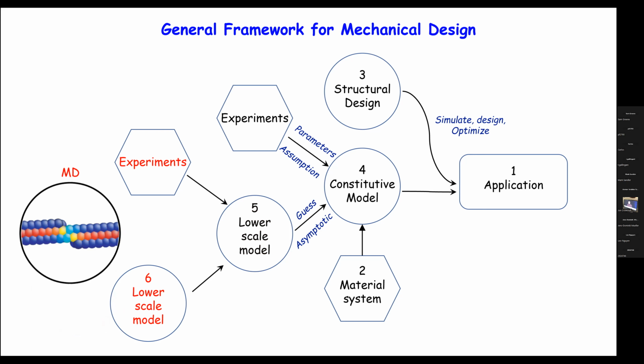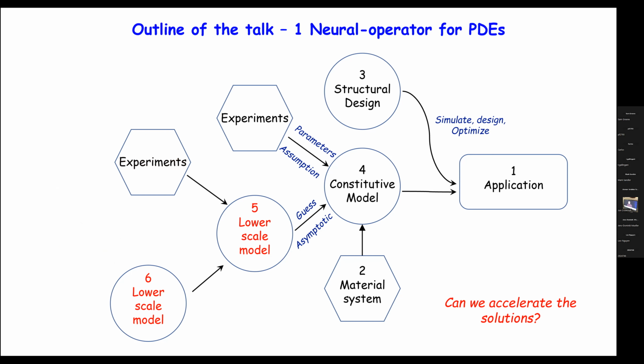So this is a general framework of mechanical design or multi-scale modeling, in the sense that we can use either experiments or lower length scale models to inform our models. We can, of course, also include more and more physics using this multi-scale modeling procedure, right? Now, my topic will focus on this graph.